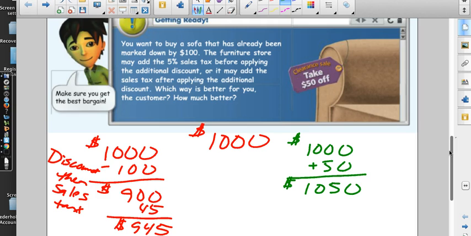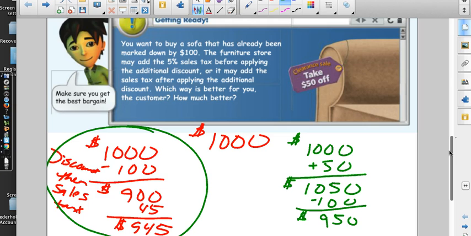Then take your $100 off. It's your money. Take the $100 off first. Give me a lower taxable amount when I get done. This is better. That's what we would want to do.